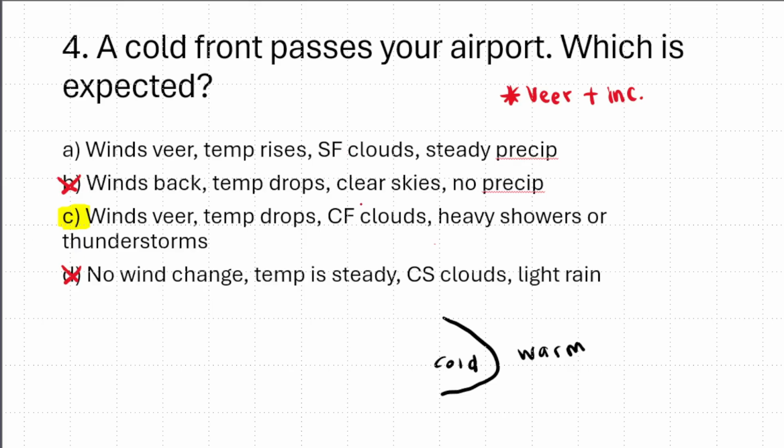With a cold front, we have a steep slope and it's advancing quickly. So we're going to have more vertically developed clouds, which is why we can expect cumuliform clouds. And then again, this ties into expecting heavy showers or thunderstorms, not necessarily light, steady precipitation, because that's what we'd expect with the stratiform clouds. So that's why in this question, C would be correct.